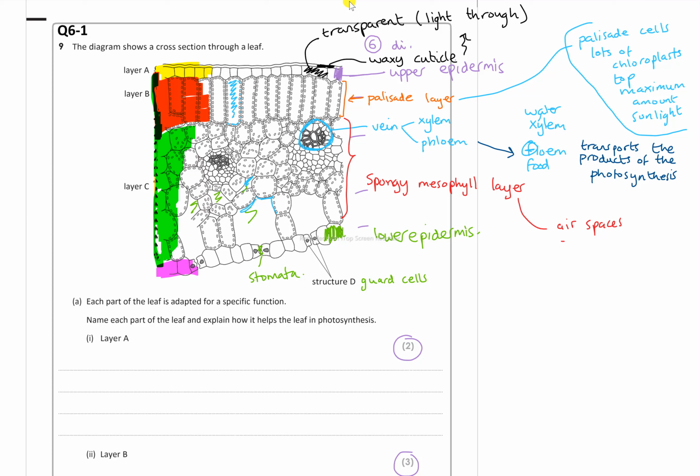So it allows gas exchange or diffusion of gases in and out of the leaf. Yeah, so what will happen is when CO2 comes in, it'll diffuse in and it'll work its way, right? And when it produces oxygen, which is a waste gas, it'll diffuse out and then out of the stomata. Right, okay.